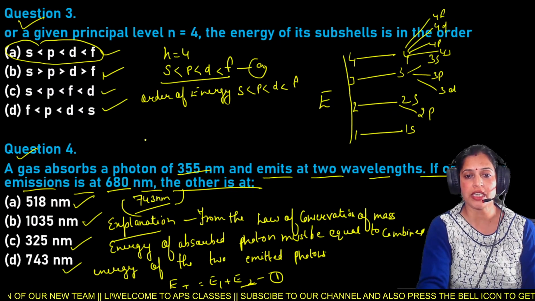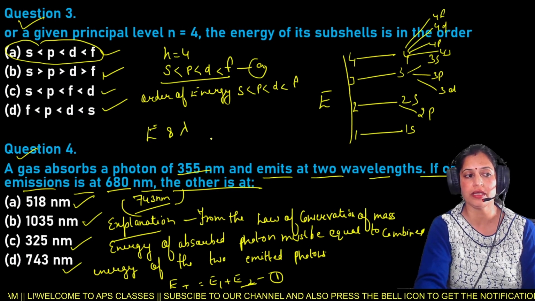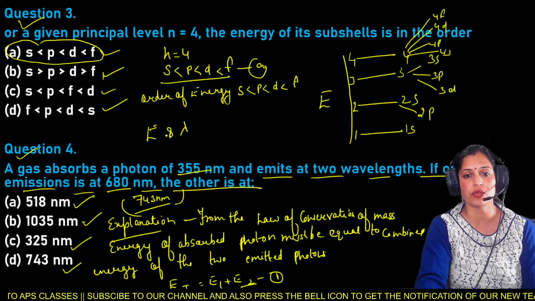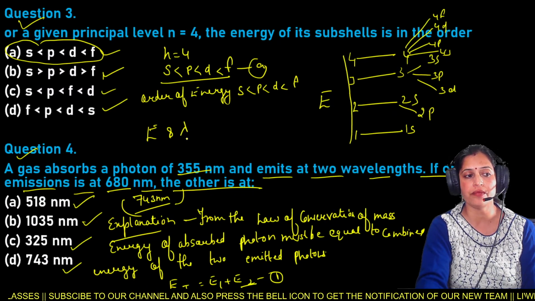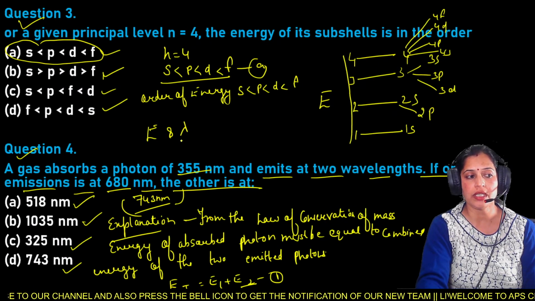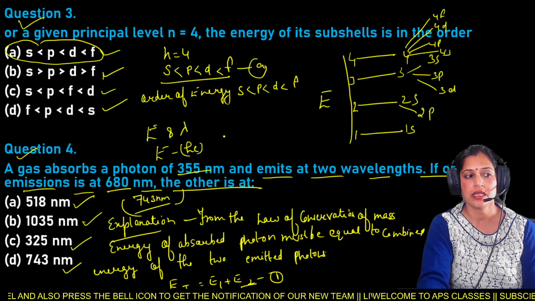Then the energy E of the photon and the wavelength lambda of the photon are related by E is equal to hc upon lambda.